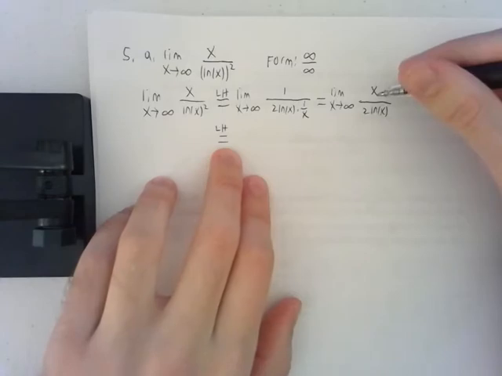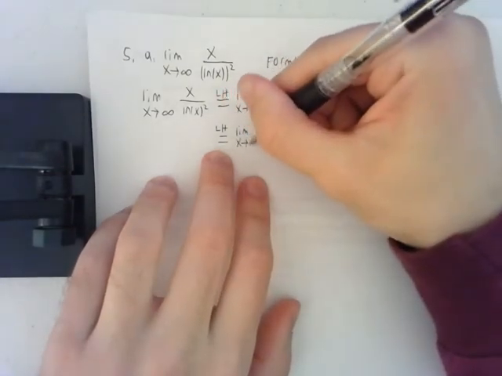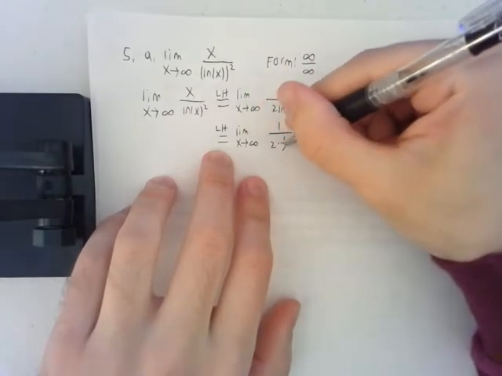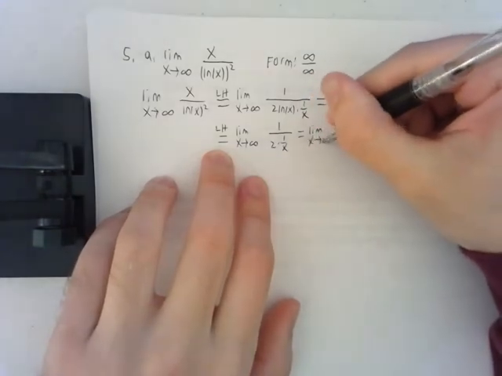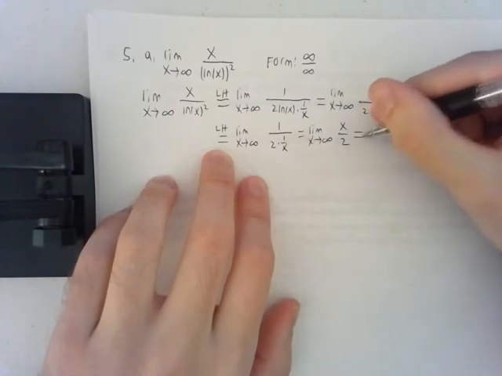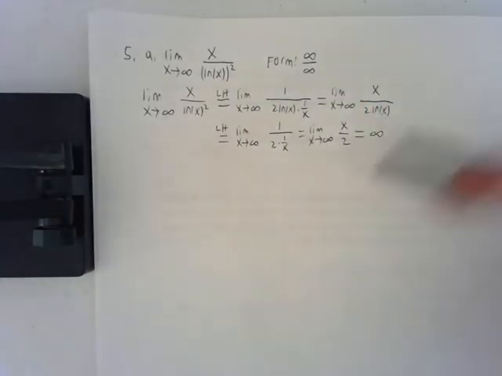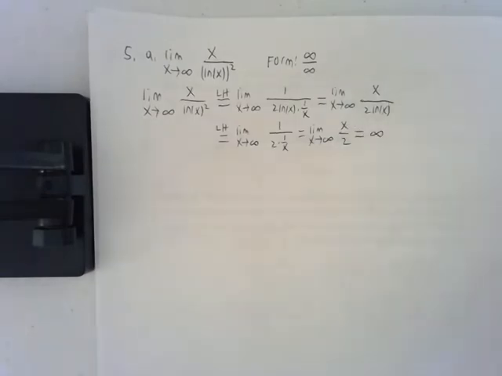When we do this, we get the limit as x goes to infinity of 1 divided by 2 times 1 over x. This is the same as the limit as x goes to infinity of x divided by 2. We can see that this is just equal to infinity. The 1/2 doesn't matter as x goes to infinity. The numerator goes to infinity, so the entire thing goes to infinity.